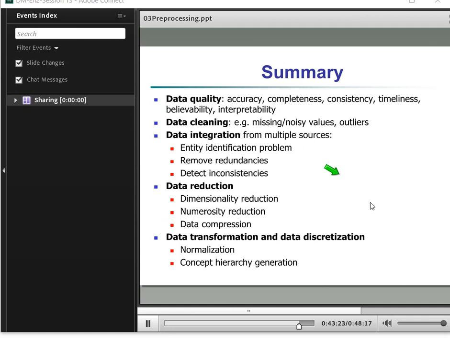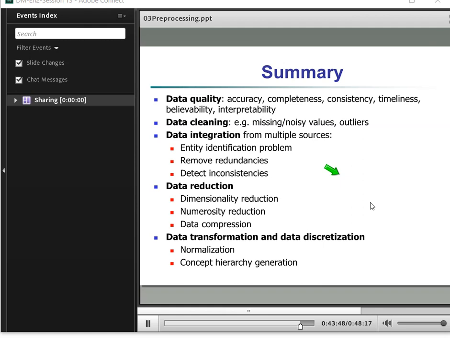Okay, this was the last part of chapter 3. Here in chapter 3, we learned that before applying data mining techniques, we should improve the quality of data.